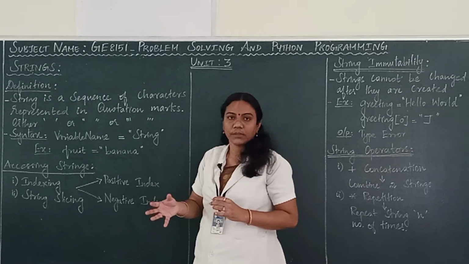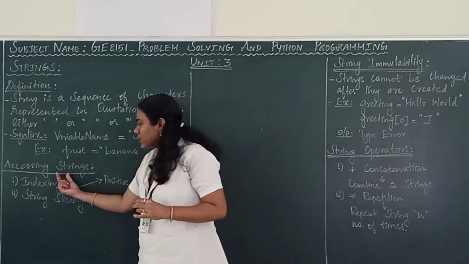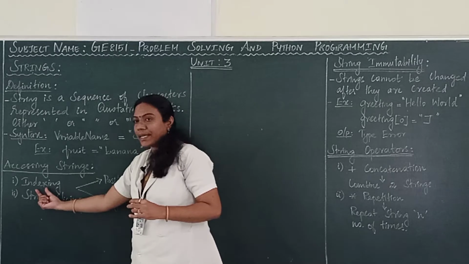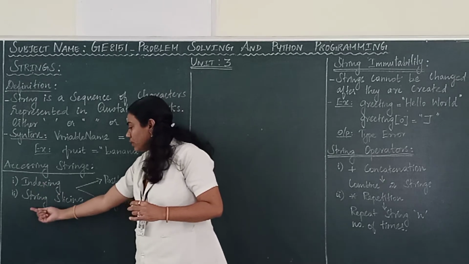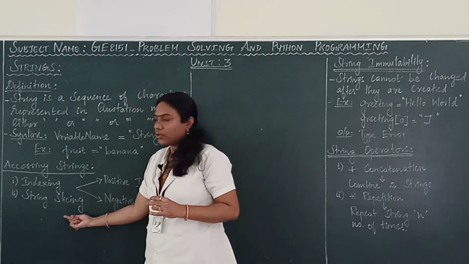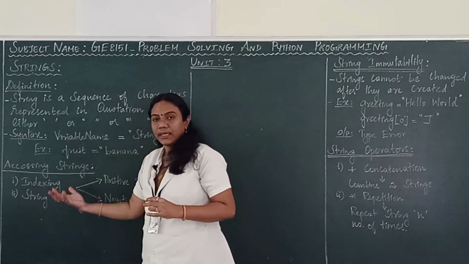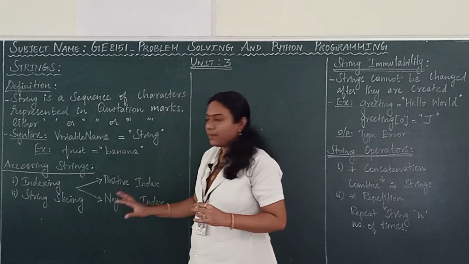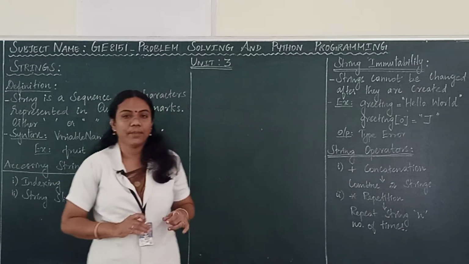Both are possible. String accessing can be done in two different ways: one by using the indexing concept, another by using the string slicing concept. Under indexing you have positive index and negative index. First we will see indexing in detail.